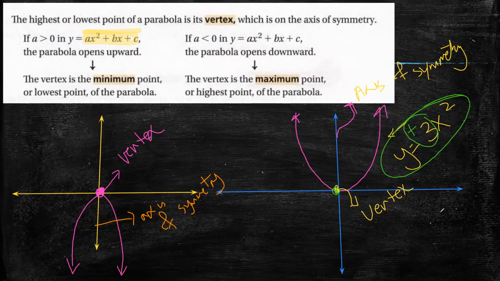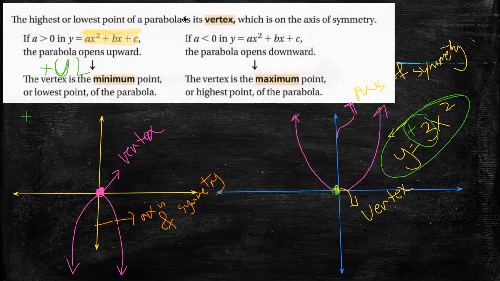So if a is positive, the parabola opens upward, and we have a minimum: the vertex point is the lowest point. Positive a, upward, and you have the lowest point.